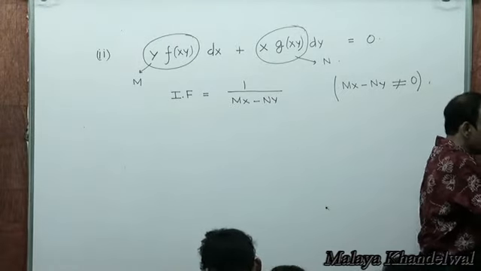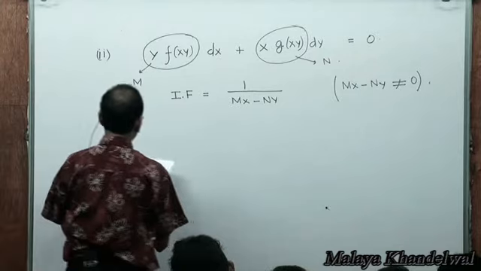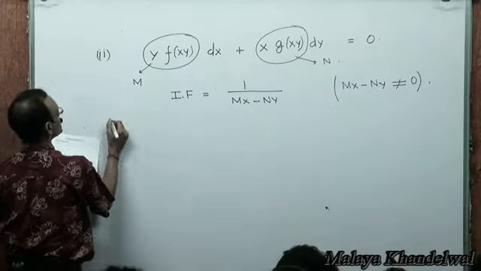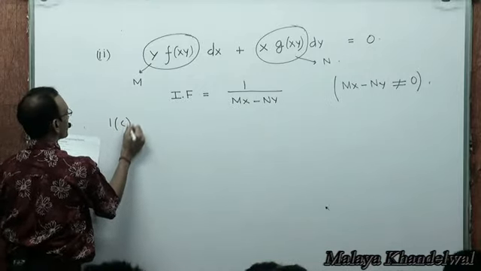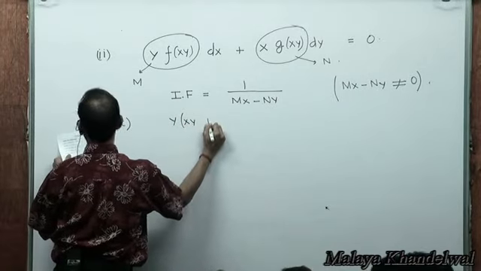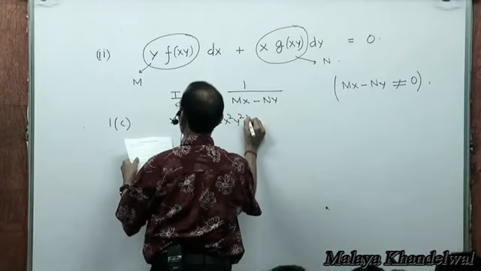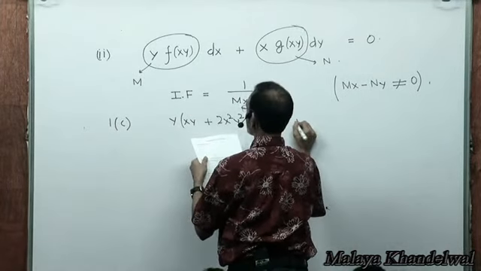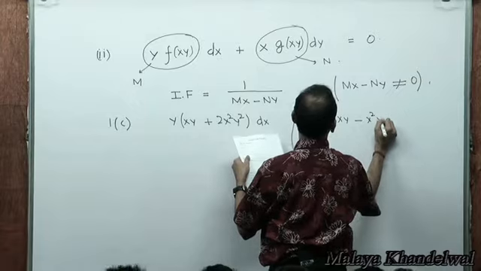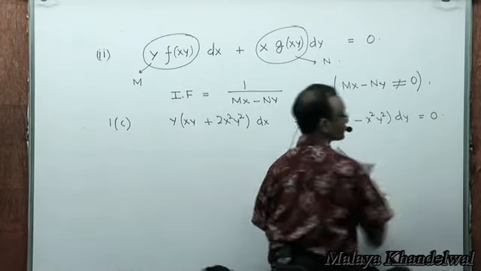Get back to the sheet. Let's identify a problem which falls in this category. Look at part C: y into (xy plus 2x squared y squared) dx, plus x into (xy minus x squared y squared) dy equal to 0.